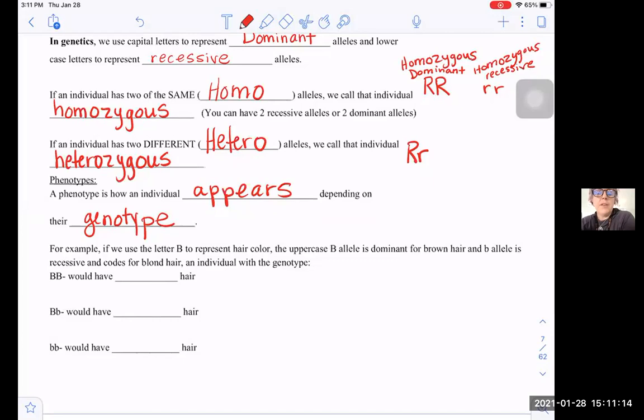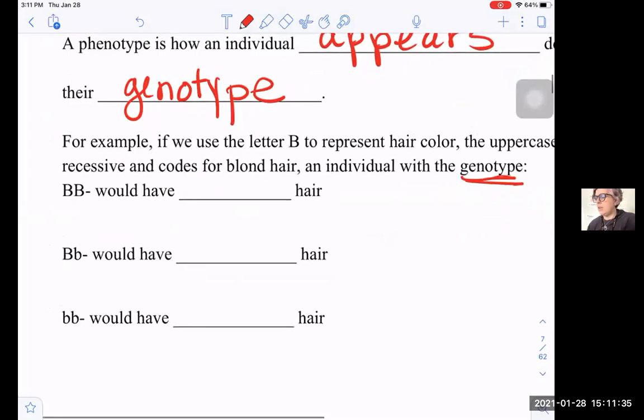If we're using the uppercase B to represent the dominant hair color of brown, and lowercase b represents hair color of blonde, then what are the genotypes for these three individuals? So what color hair would they have? Some people are direct chatting me.